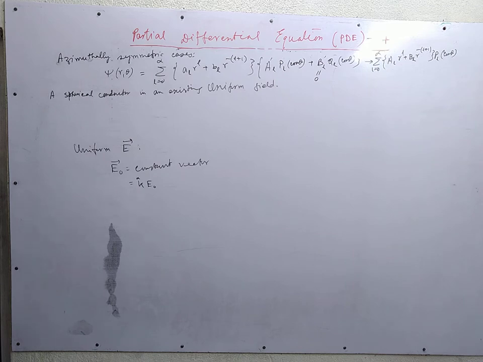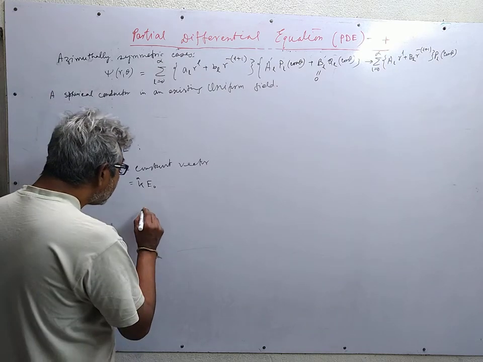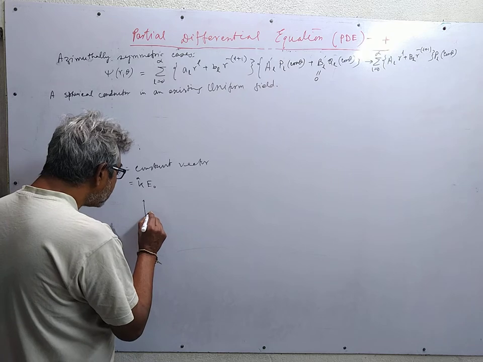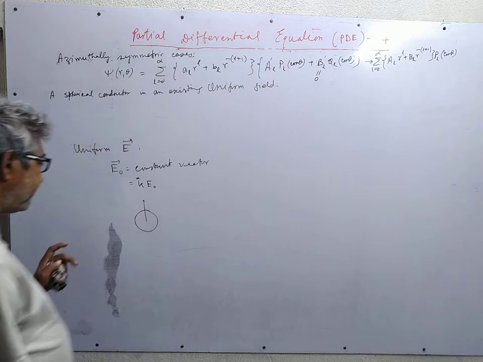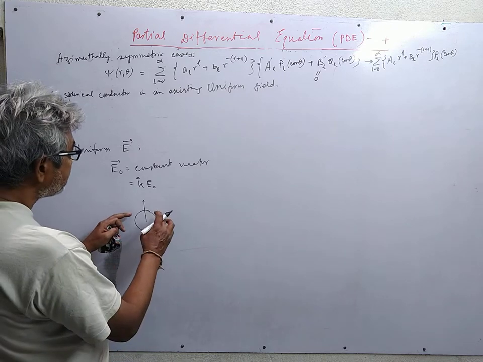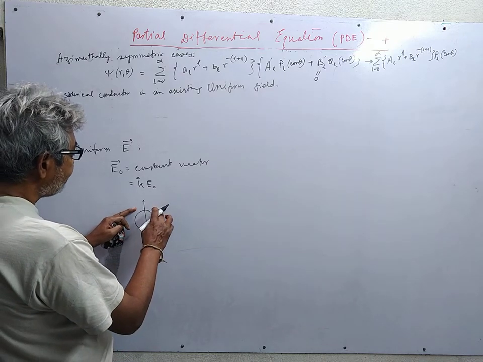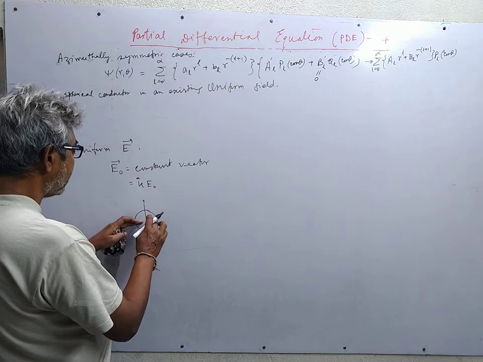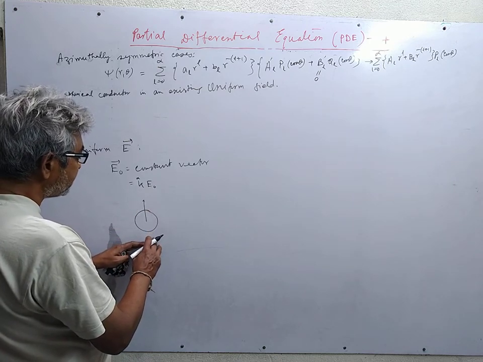If we choose the electric field to lie along the z-axis, then when a sphere is placed in this existing electric field, the positive charges will be pulled in this direction and the negative charges will move in opposition.